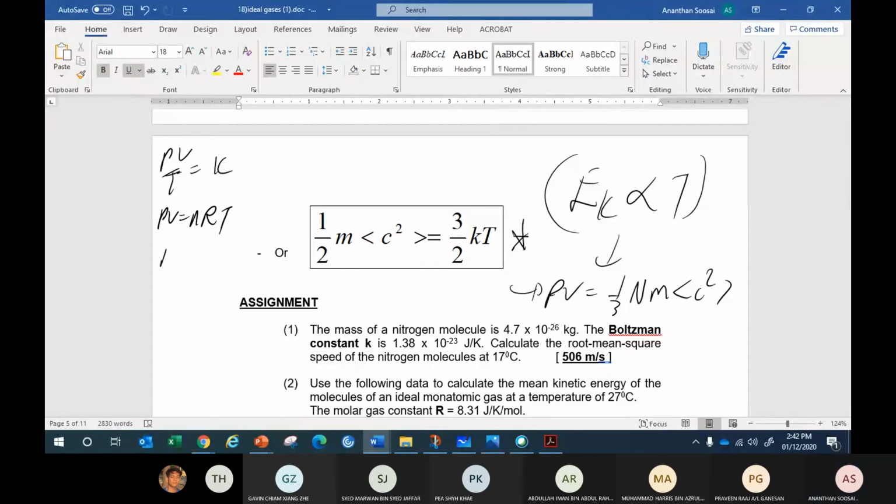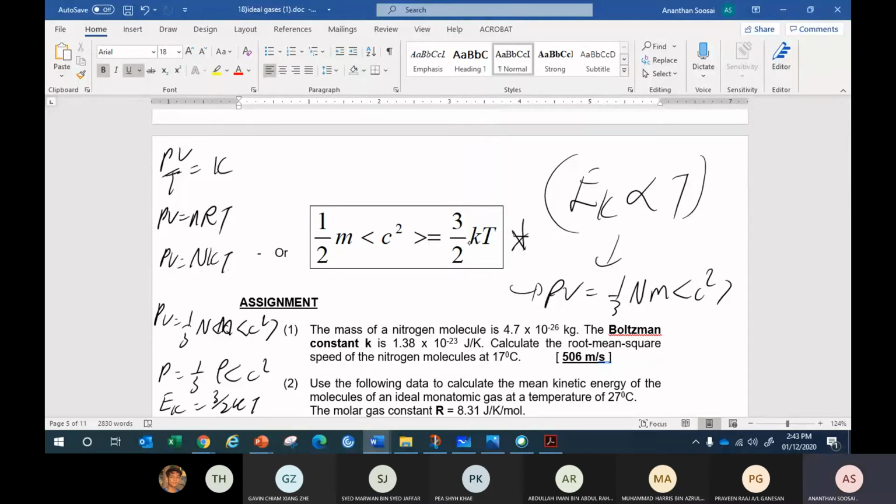Then PV equals NkT. Then PV equals 1/3 Nm c squared. Then finally, P equals 1/3 rho c squared. Another one, kinetic energy is found to be 3/2 kT.